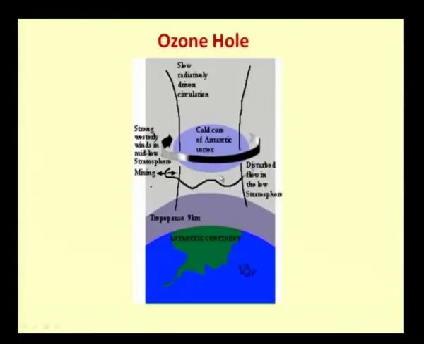Looking at the diagram, here is a polar region and here is a vortex, and in this region the amount of ozone is very small, and therefore that is called an ozone hole. Here you can see this portion called the ozone hole.